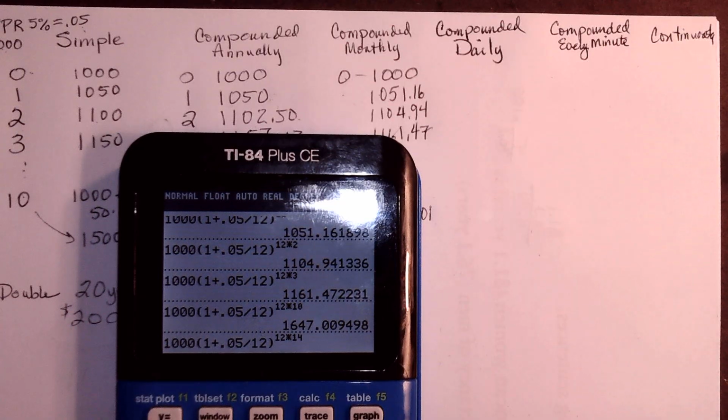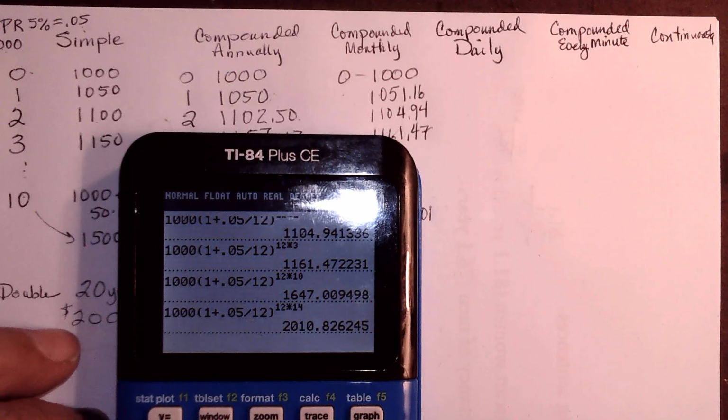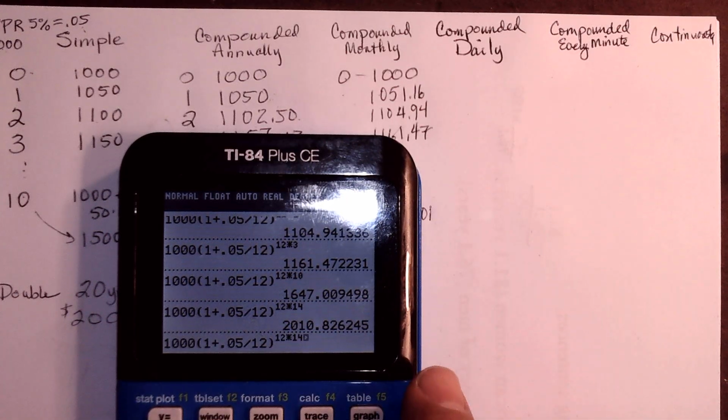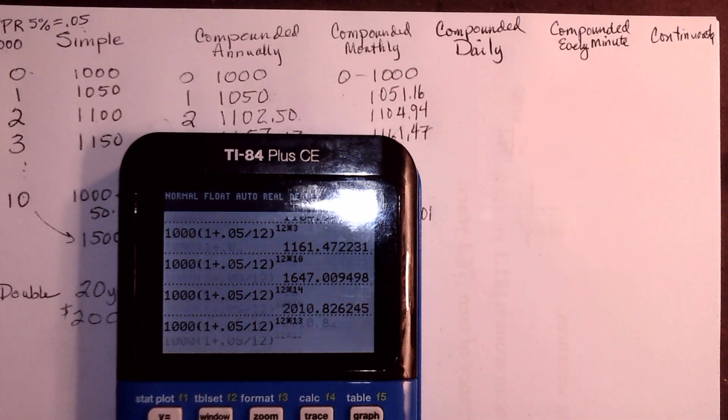So that would be 12 times a year for 14 years. We get, it's more than enough. So it's going to be less. It's going to double in less than 14 years. So let's try 13 years.